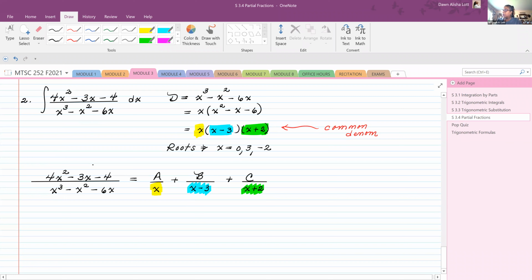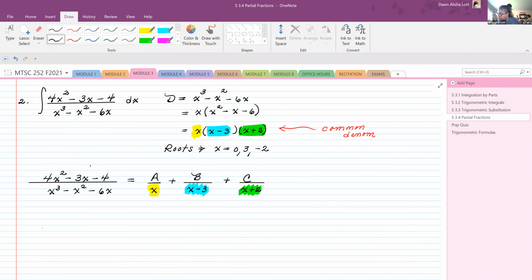So now we're going to get 4x squared minus 3x minus 4 divided by x cubed minus x squared minus 6x. That whole thing gets multiplied by the common denominator, which is x times x minus 3 times x plus 2. And we already know they're the same thing. So this is going to cancel with that. That's why we did it.